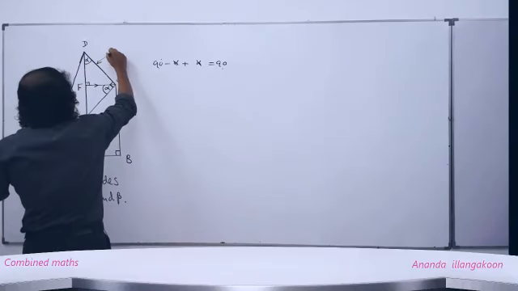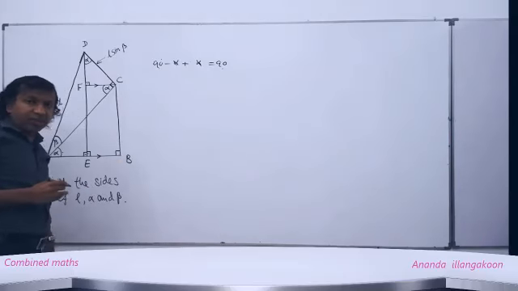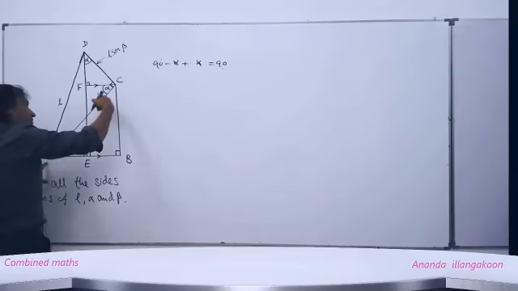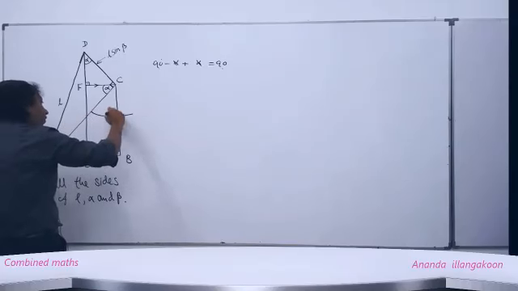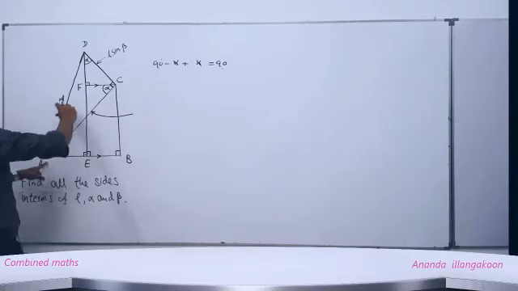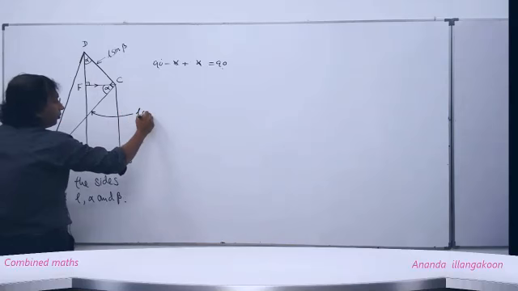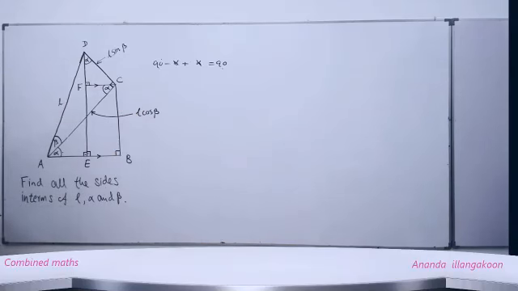L sine beta. We said the opposite side comes by sine, no? The adjacent side, this AC. What is this AC? Towards the angle, it is L cos beta. Understood? Right.